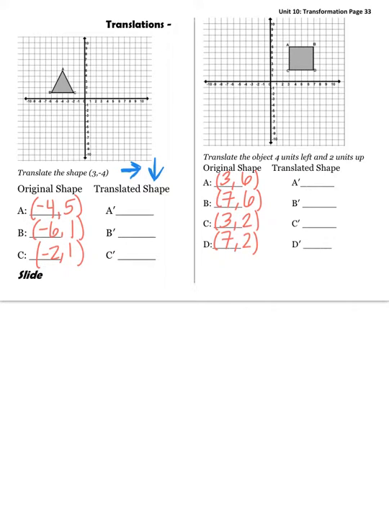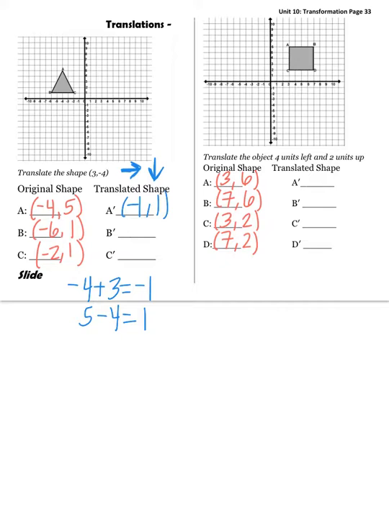Okay, so you could do it mathematically. You could say -4 plus 3 and get an x value of -1, and 5 plus -4, but that's double signing, so we get -1, 1.